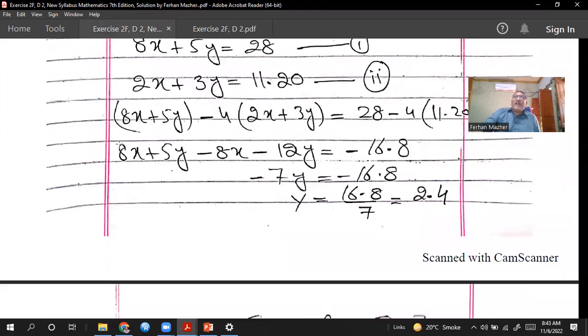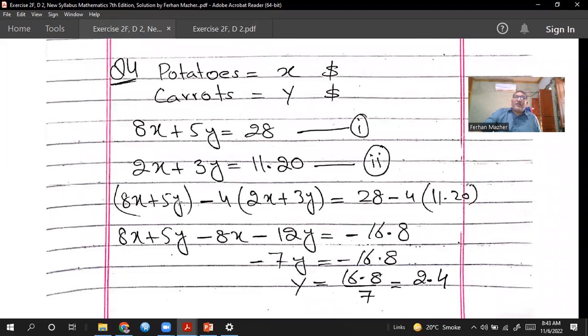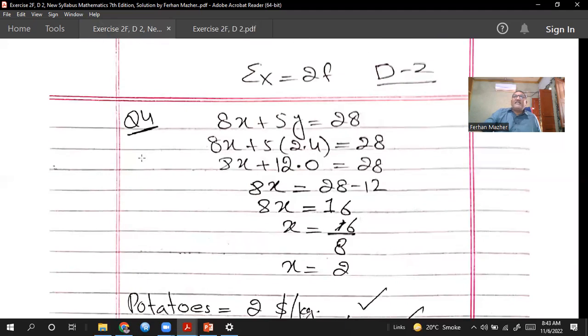So once you have the value of y, I will use the first equation, and that is 8x plus 5y equals 28. So 8x plus 5 bracket 2.4 bracket close equals 28. So 8x plus 12 equals 28. So 8x will be equal to 28 minus 12. So 8x will be equal to 16 and x will be equal to 16 divided by 8, and x will be 2.